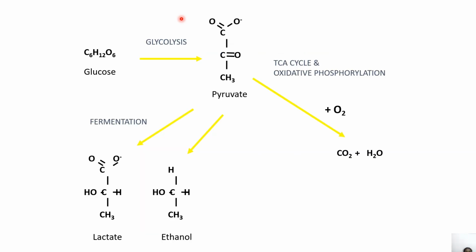Now, if you see, glucose gets converted to pyruvate via glycolysis, and the pyruvate under aerobic conditions can undergo the Krebs cycle or the TCA cycle, tricarboxylic acid cycle, or the citric acid cycle, whatever you call it, and then it can undergo oxidative phosphorylation at the mitochondrial membrane and then ultimately give rise to CO2 and H2O.